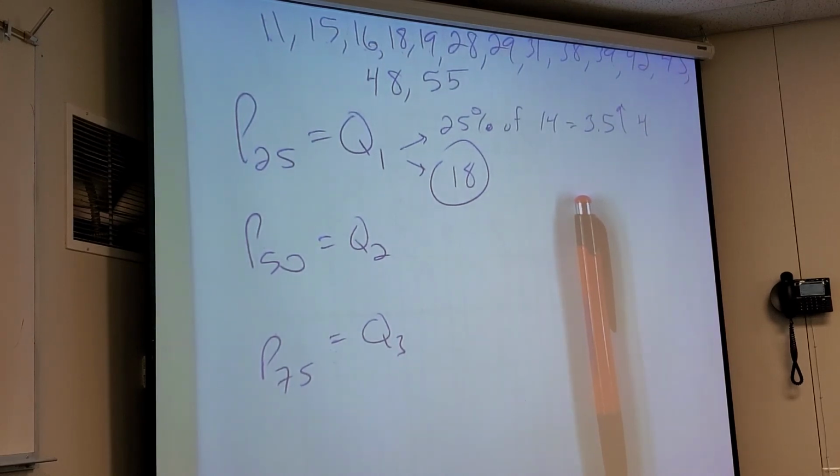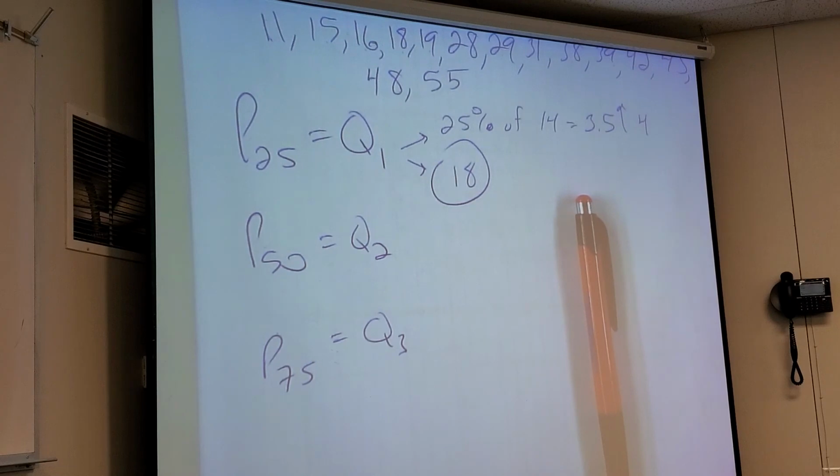I got 30. So the 11th number. For that, it's 50%. Average that with the next one. If it's the whole number, you have to find the average. So to find the average, you go 7 and 8.